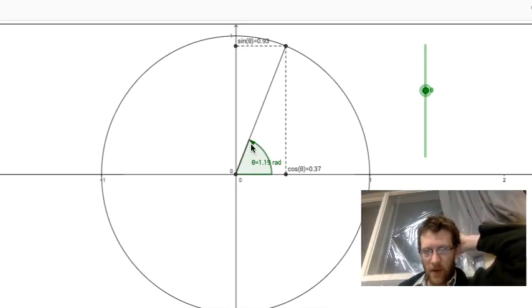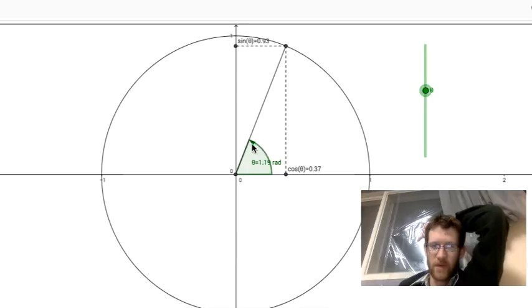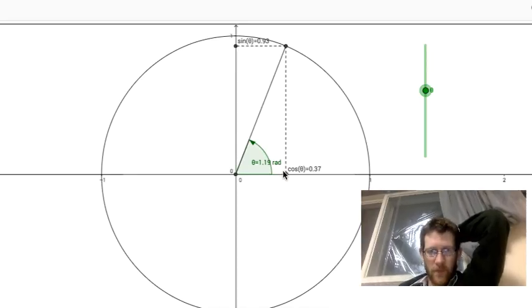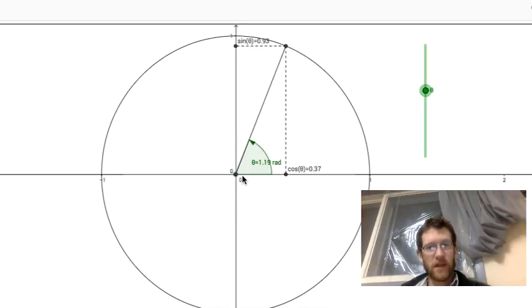This angle here is just whatever angle we can adjust. We can change that angle. We can make it bigger and smaller. And we'll see what happens to the sine and the cosine. The cosine is equal to adjacent over hypotenuse. The hypotenuse is 1, so really the cosine of this angle is equal to this x value, right?